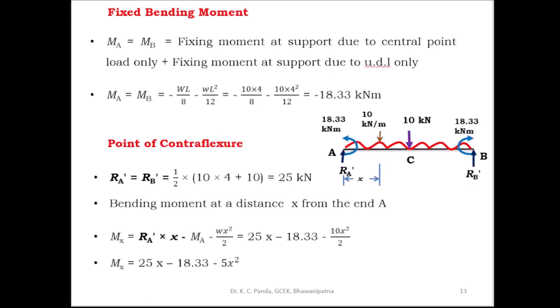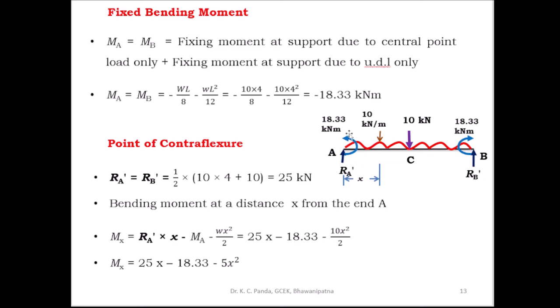So for the point of contraflexion, here you have to take the load given on the beam, including the end moments. Then after taking the end moments and the external loading, you have to find out the reaction. So here you have to denote the reactions RA dash and RB dash.